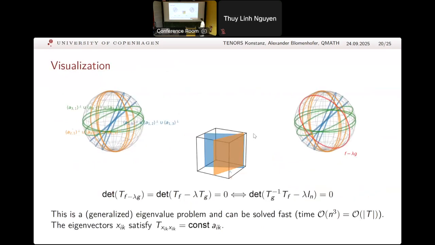So now let me try to briefly tell you how you solve these problems, like intersecting the Chow variety with a line. Basically, you solve this via a generalized eigenvalue problem. You take this Chow variety, you know that it's a union of hyperplanes, and now comes your time to shine.